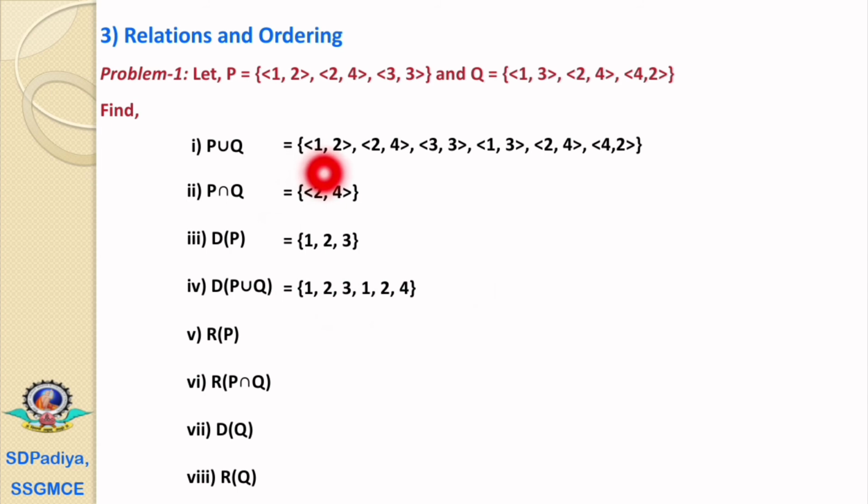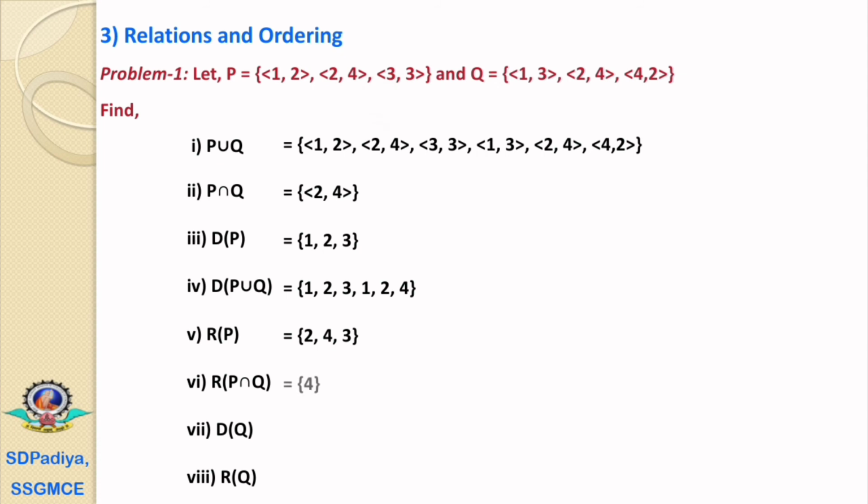That's why it will be the set {1, 2, 3, 1, 2, 4}. Now here again it is a set, so there is no importance to the repeated terms. We can simplify it to the set {1, 2, 3, 4} only, or we can keep it as it is. Now the range of the set P, that is the second element of every ordered pair of the set P, that is {2, 4, 3}.